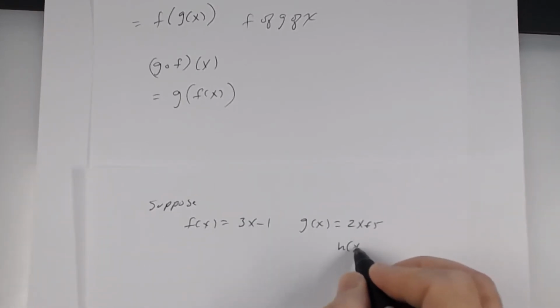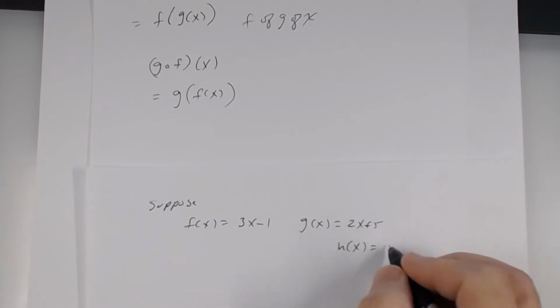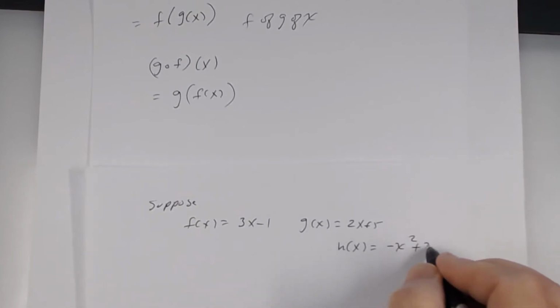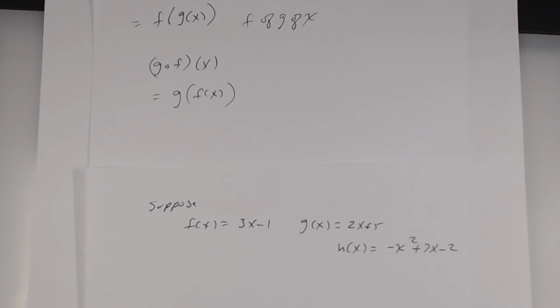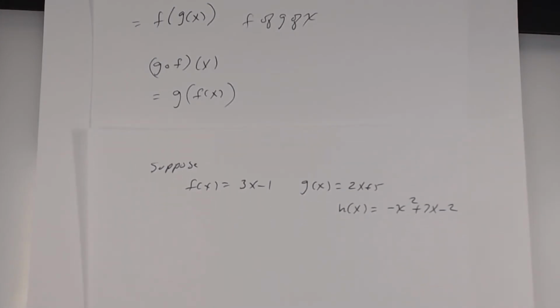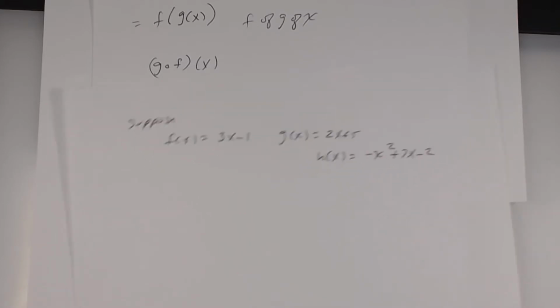And h of x is negative x squared plus 7x minus 2. All right, so write those 3 down. So f of x is 3x minus 1. G of x is 2x plus 5. And h of x is negative x squared plus 7x minus 2. Okay? All right, number 1.